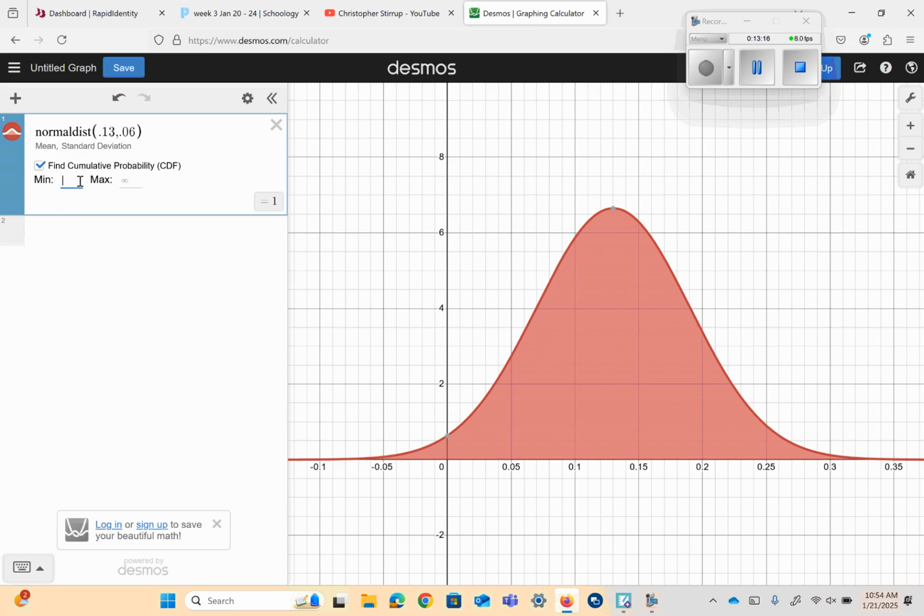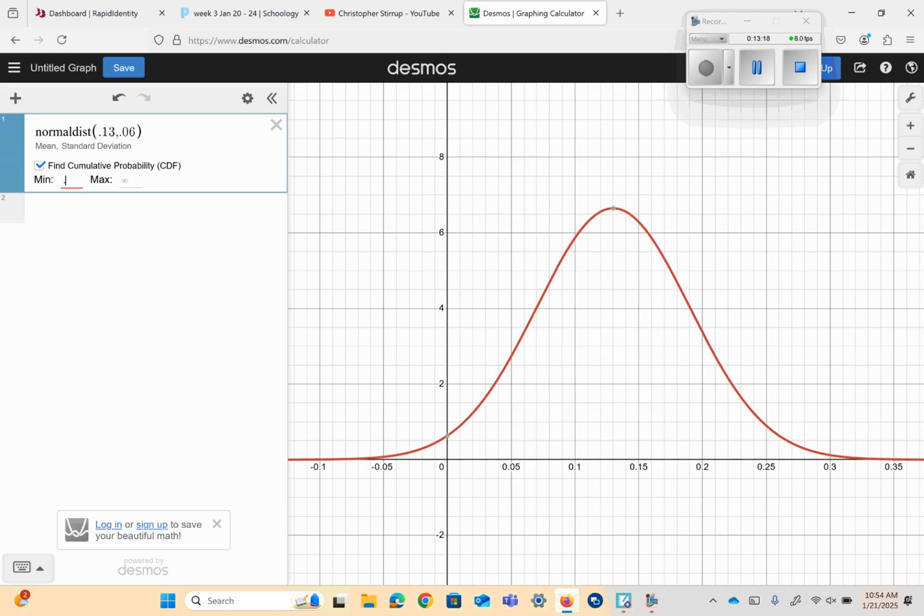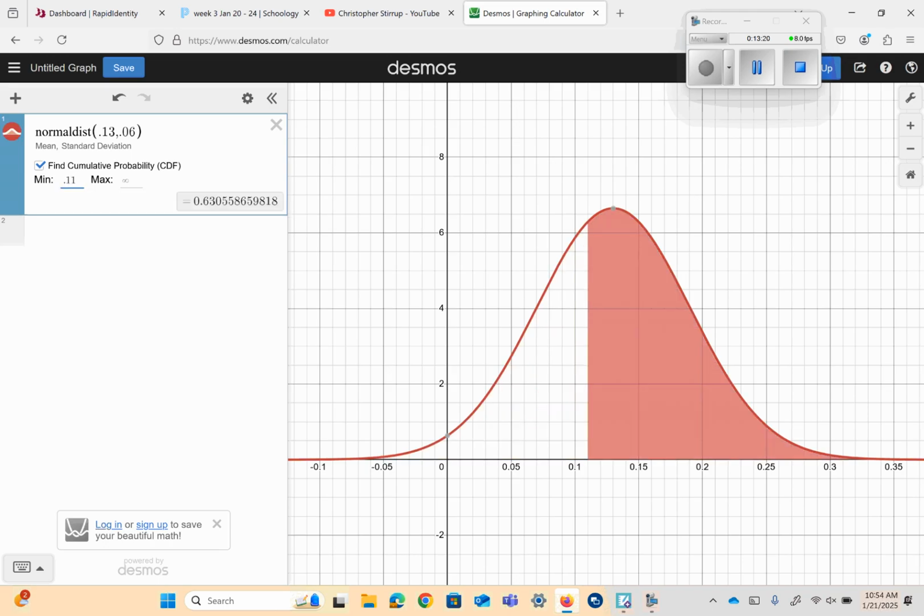Is that right? 0.11. All right. So you're talking about 63%. 63% of our population should show 11% or more are senior citizens.